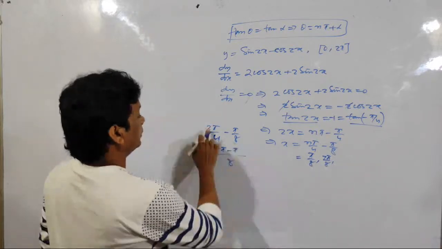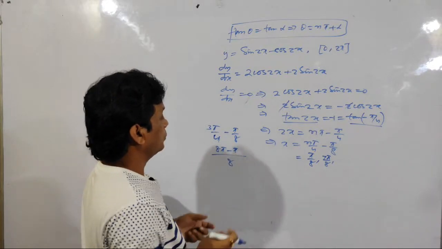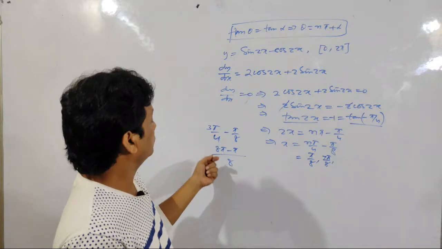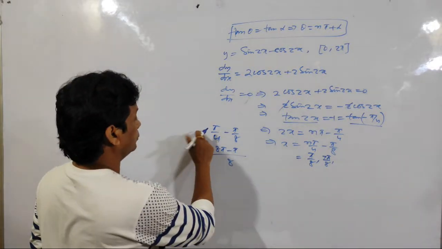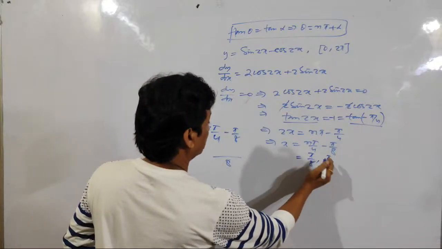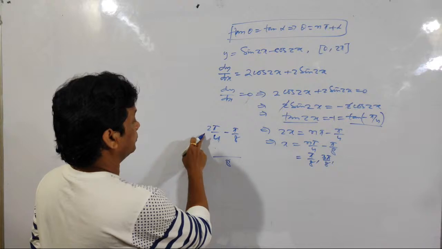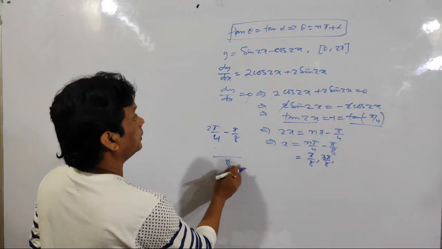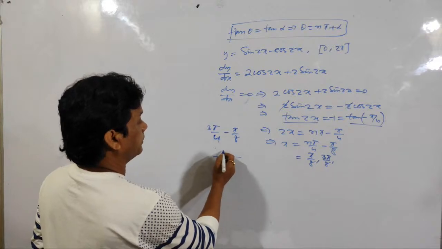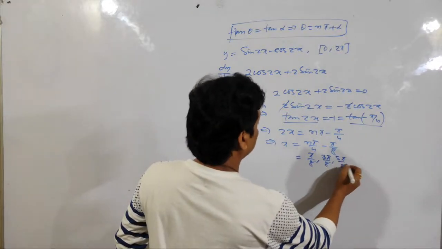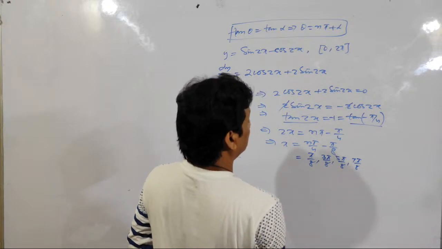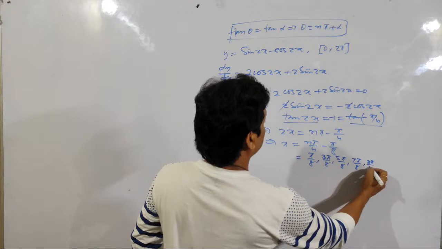So the values are pi by 8, 3 pi by 8, then 5 pi by 8, then 7 pi by 8, then 8 pi by 8, that means pi.